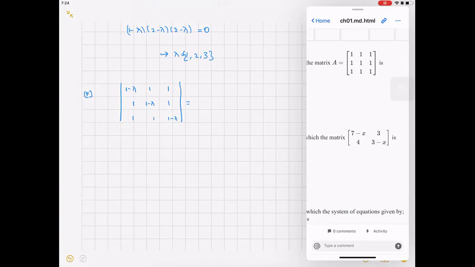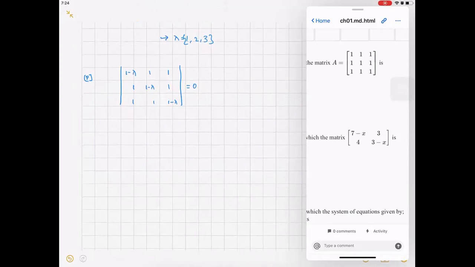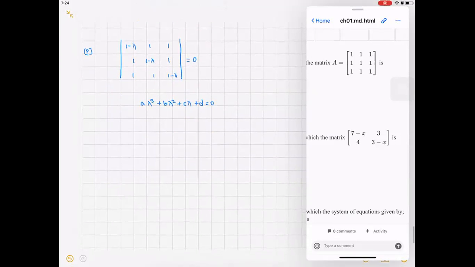If I equate this to 0, I will get the characteristic equation like this: lambda power 3 plus b lambda square plus c lambda plus d is equal to 0, something like this. And you have to solve this characteristic equation in order to get the values of lambda. Say I get lambda 1, lambda 2 and lambda 3 from this.